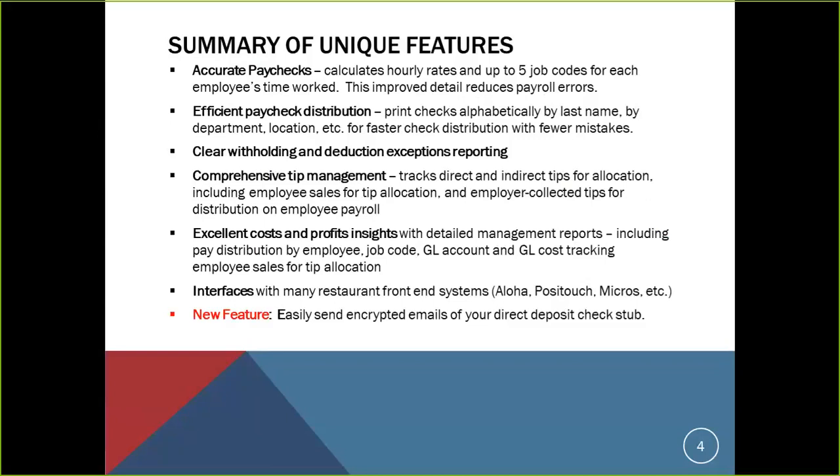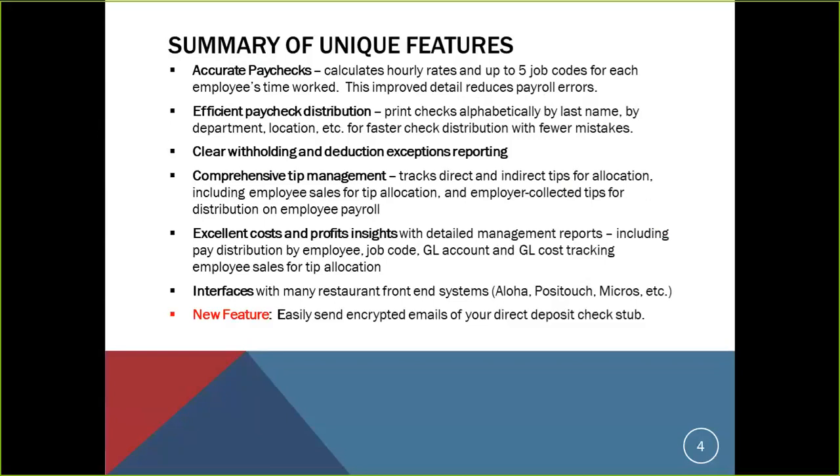So we track direct and indirect tips for allocation, including employee sales for tip allocation and employer collected tips for distribution on employee payroll. We have excellent cost and profit insights with detailed management reports including pay distribution by employee, job code, GL account, and GL cost tracking employee sales for tip allocation.